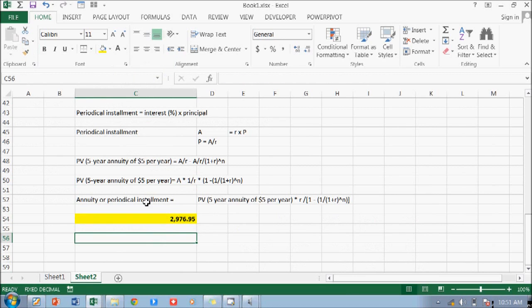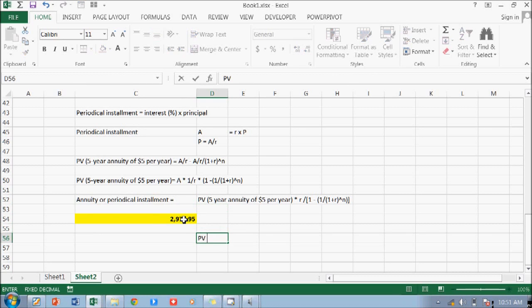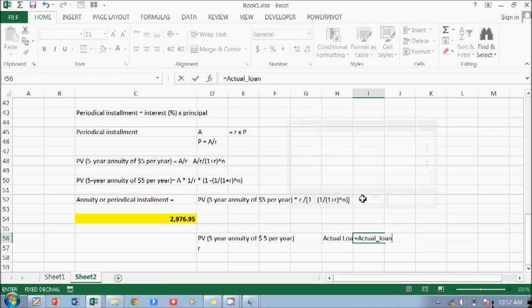I have to prove this number using this manual calculation. The PV of the 5-year annuity is the principal, the same as the actual loan. So the actual loan is 95.